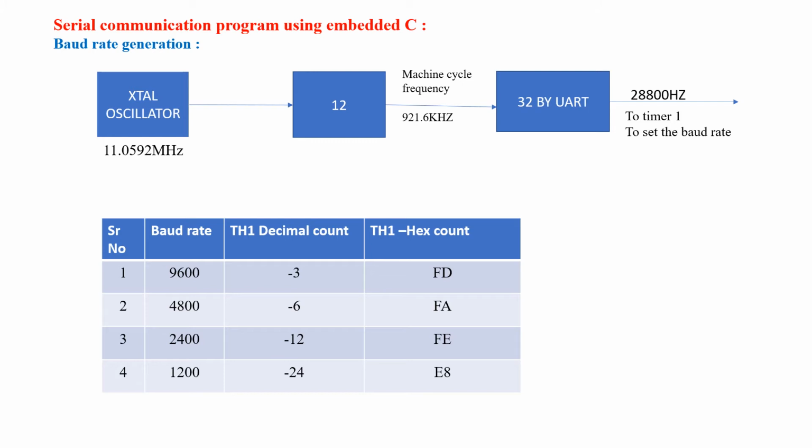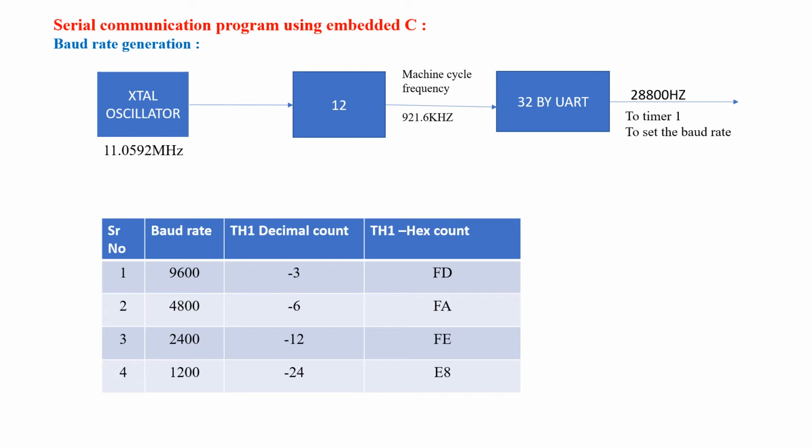Again this machine cycle frequency is divided by 32 and so we get the final value as 28,800 Hz. And this is used for timer 1 to set baud rate in serial communication.